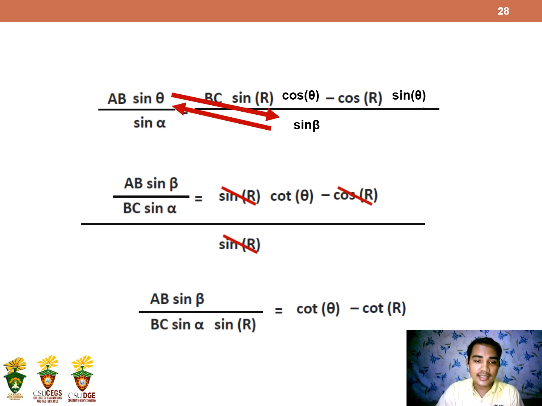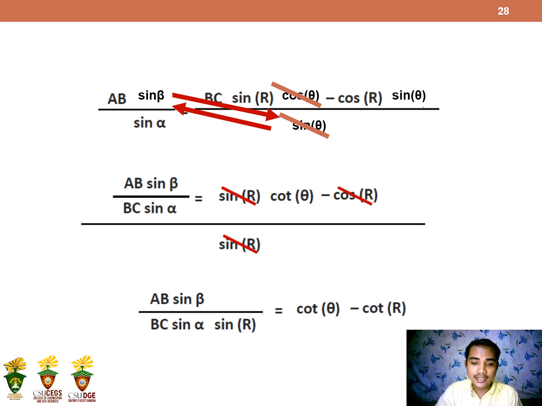Kaning si sine theta, kung ibalhin didto sa ubos, dayon si sine beta sa taas. So we can now have this AB sine beta all over sine alpha, BC sine R cosine theta minus cosine R sine theta all over sine theta rather. But we can cancel this cosine theta all over sine theta, or ato siya i-convert. So cosine over sine, we can now have this. Di ba no?